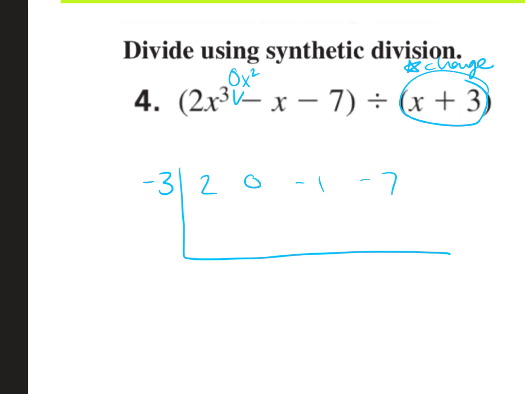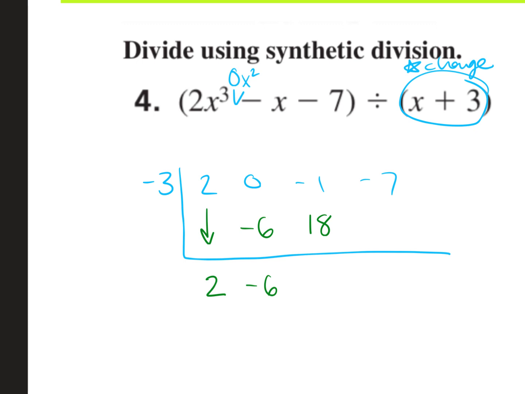Perfect. What do I do first? Drop down the 2. What do I do on the outside? Multiply. Negative 3 times 2. Negative 6. 0 minus 6. Negative 6. Negative 6 times negative 3. Positive 18.